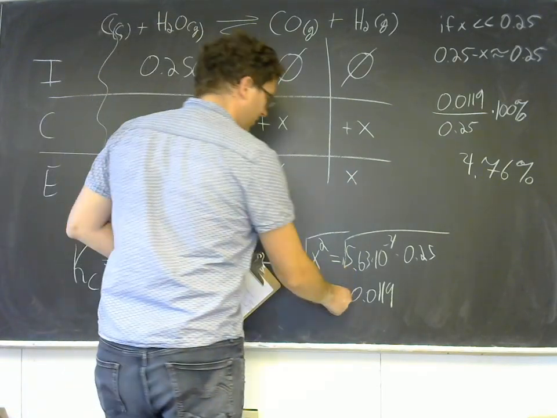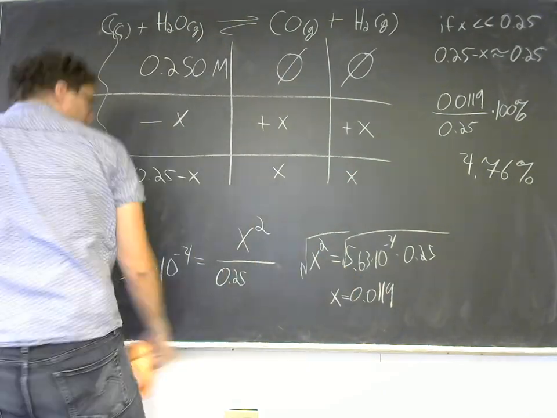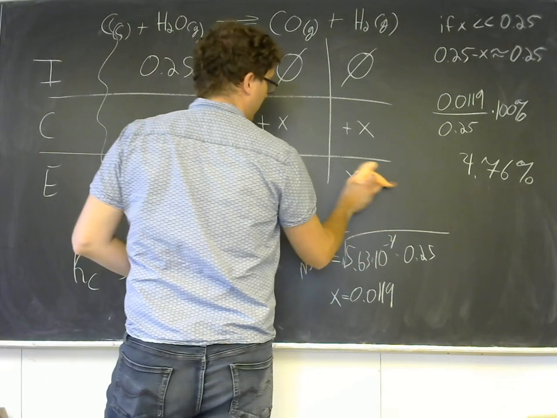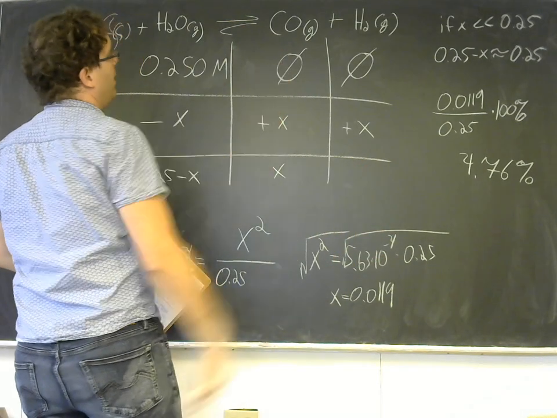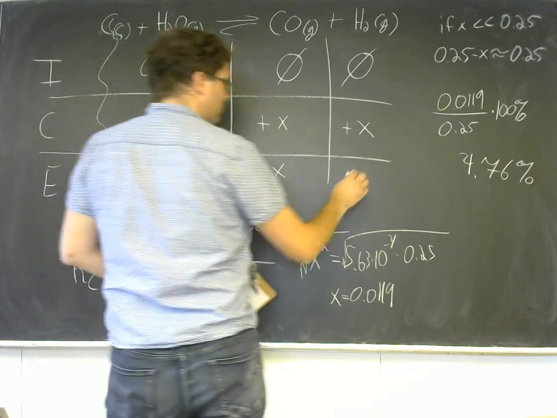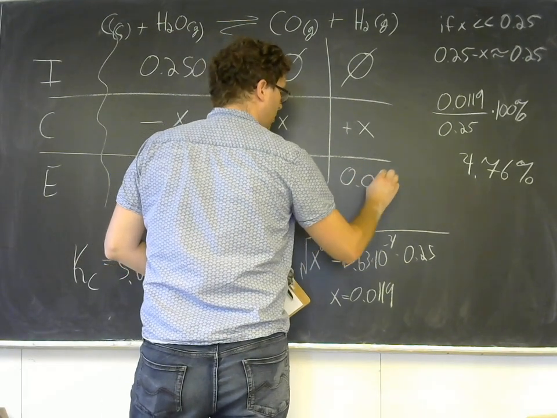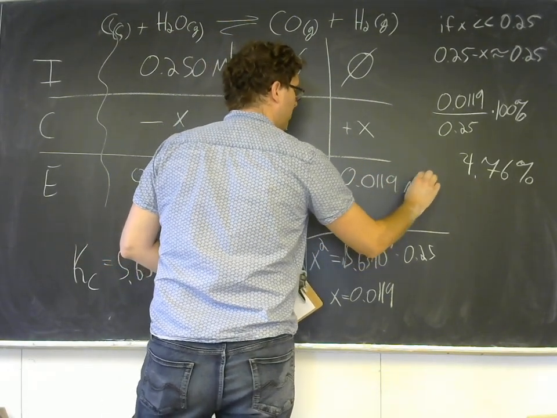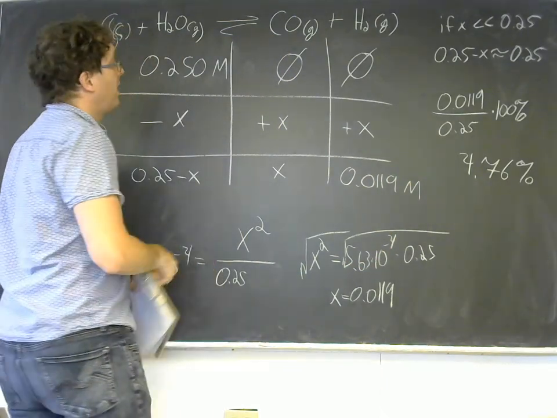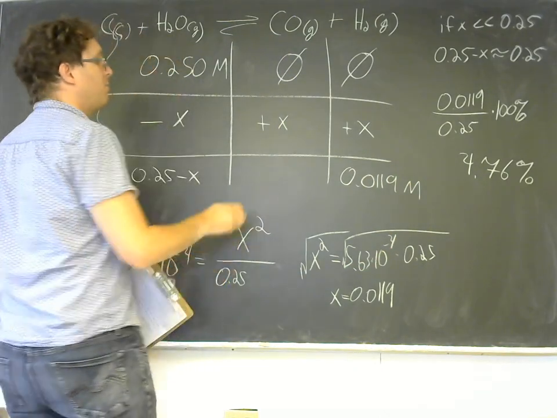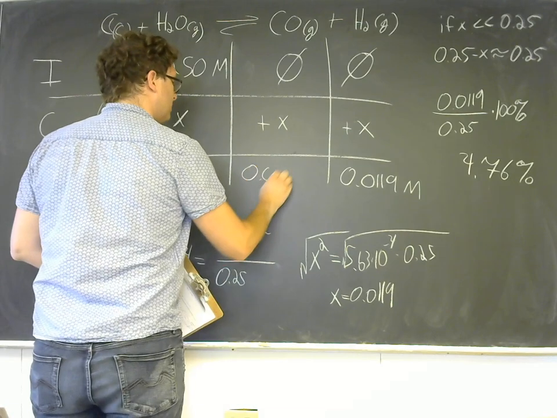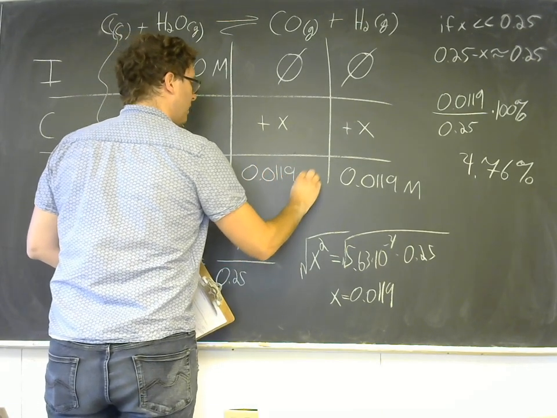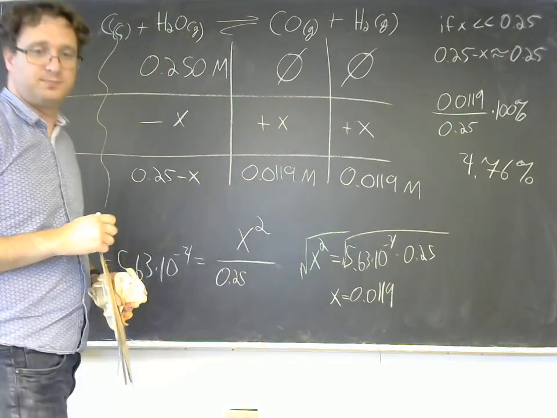And so if x is equal to 0.0119, then our equilibrium concentration of hydrogen is 0.0119 molar. And our equilibrium concentration of carbon monoxide is 0.0119 molar.